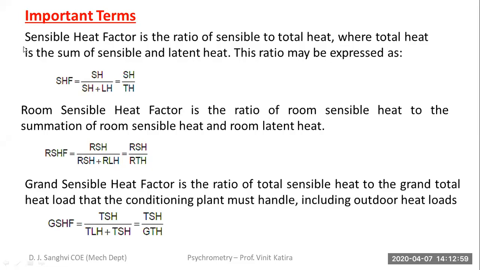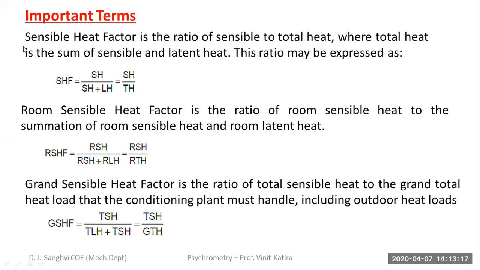Next is the room sensible heat factor. Okay, this is exactly the same as sensible heat factor, but only thing is that it is applied to the room. That means that we have to note down or estimate all the heats that are there for a particular room which is supposed to be cooled.